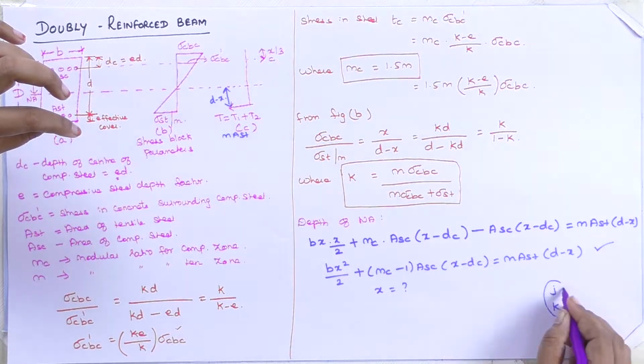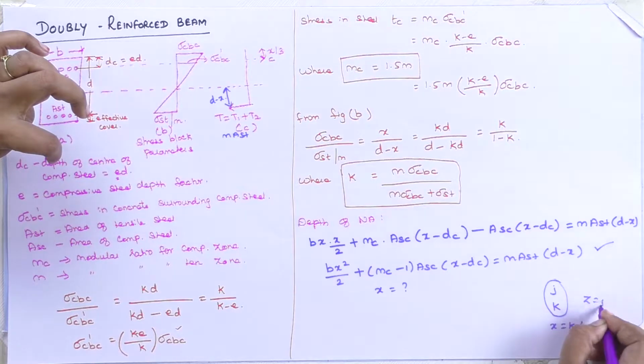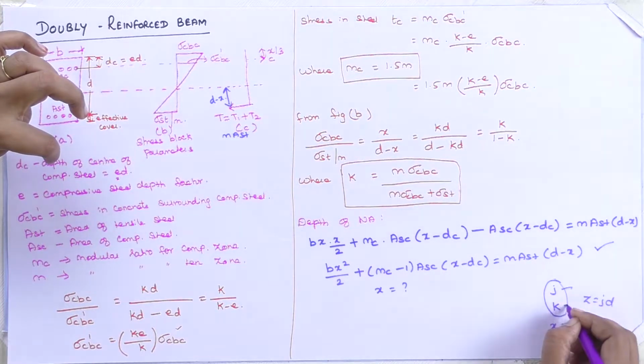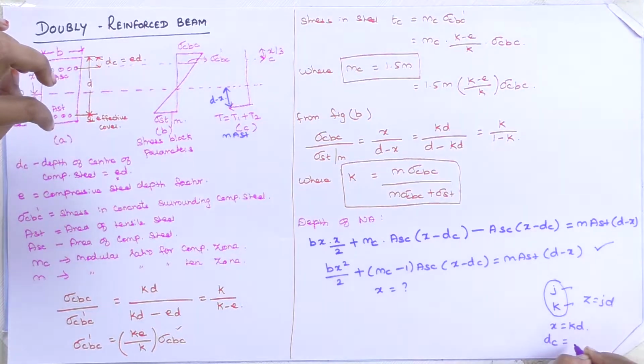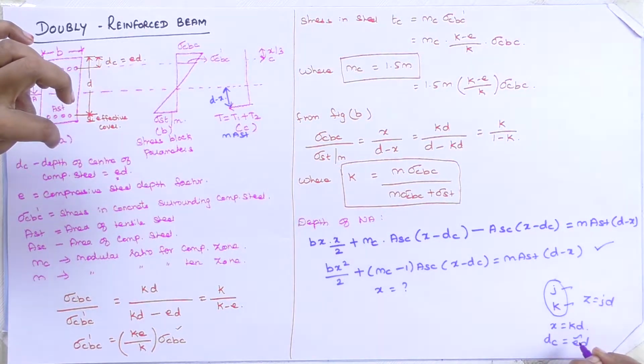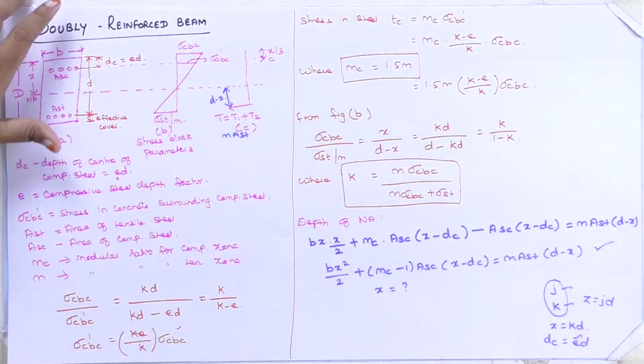These are the two factors. From these factors x is equal to kd, z is equal to jd. We can calculate from these two factors. Here dc is equal to e into d. This is one more factor, the compressive steel depth factor. This is the one additional factor for the doubly reinforced section.